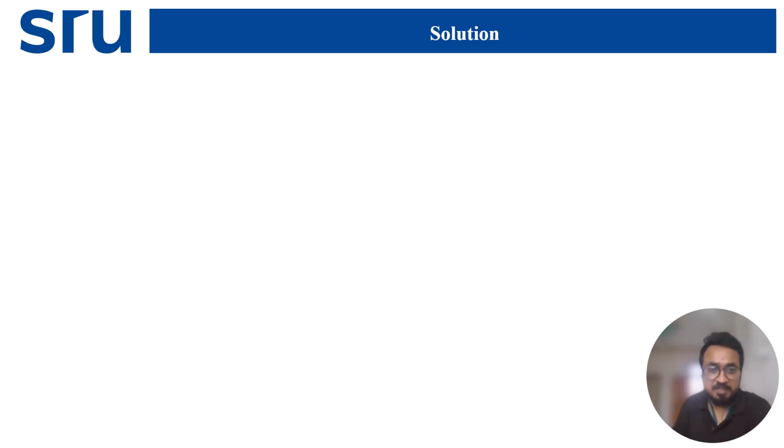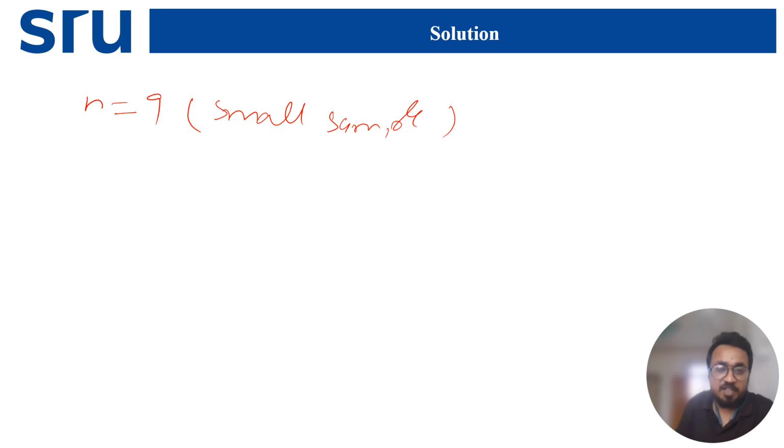Here in this question, what is given? n equals 9. So is this a large sample or a small sample? This is a small sample. And what is the sample mean? x bar will be what?